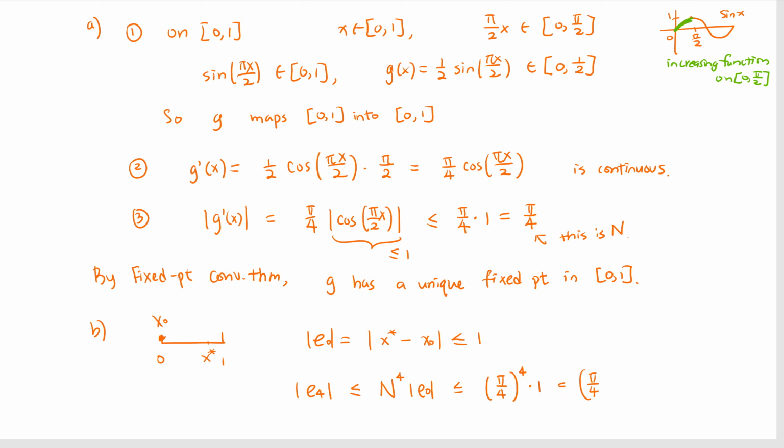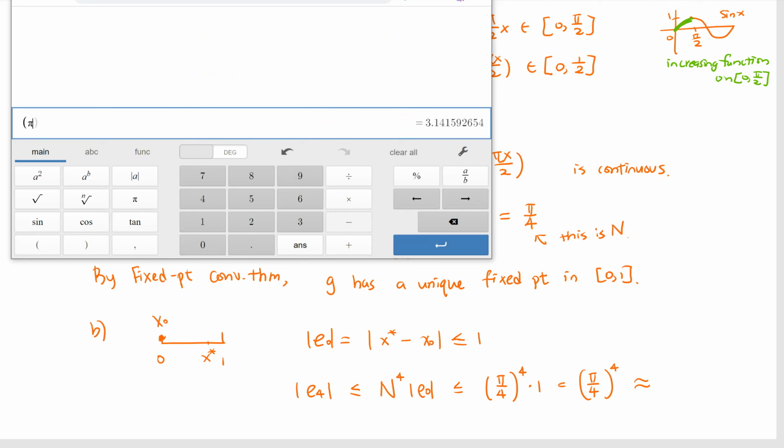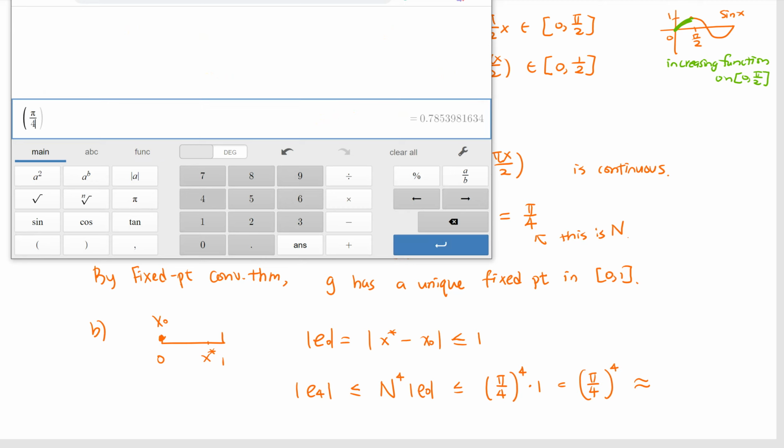So we get pi over 4 to the 4 is our answer. And what is that number? Calculator here. So we have pi over 4 to the 4.